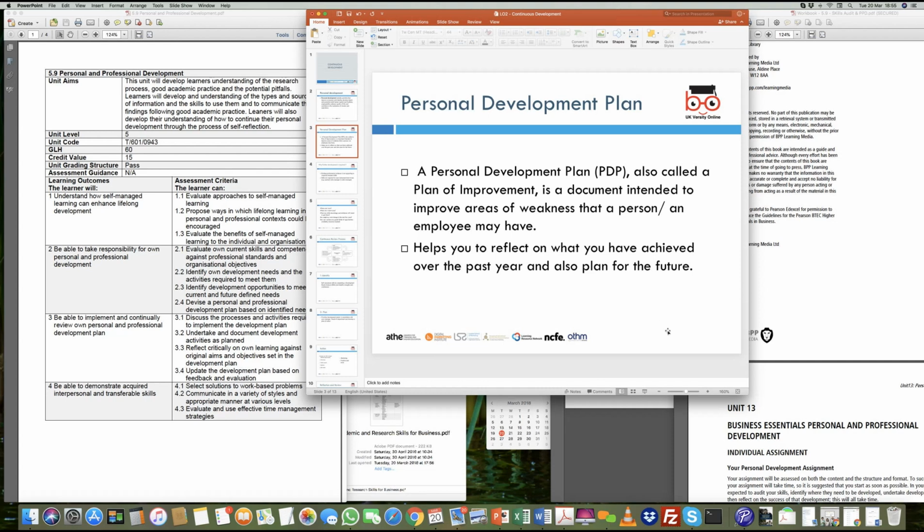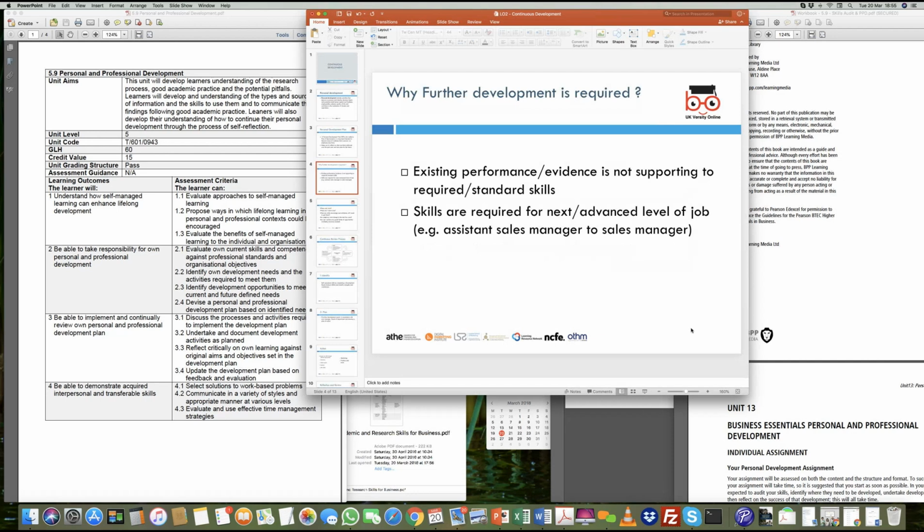The reason this is a plan is because it's a journey document, a working document. If it is created at a particular point in time, then at some time it can be reviewed. You can reflect on some of the activities and evaluate what successes you've had or how much progress you've made, and that is why this is a working document.